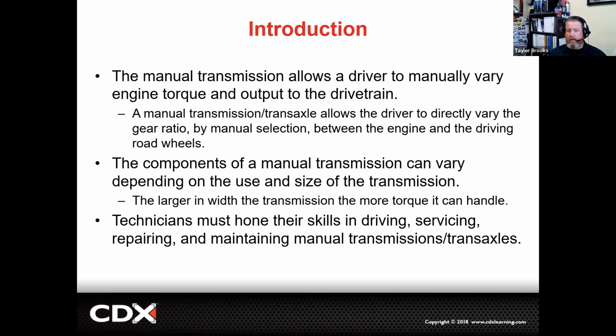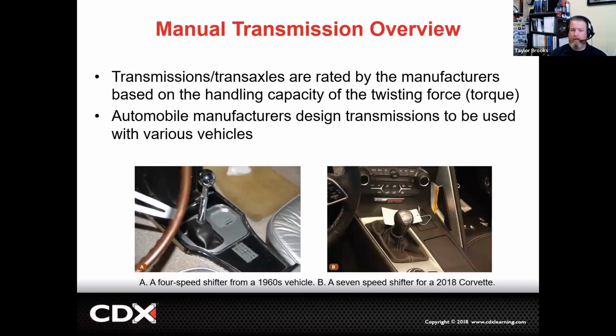It is going to be important that we have an understanding of how all of the components in this work, because we can have a transmission that might be considered somewhat weaker be able to handle more output torque based off of how the vehicle's driven and how it's operated. Now, we're rating transmissions based off of their torque output and capability, and that's going to correspond to what type of engine it has in it.